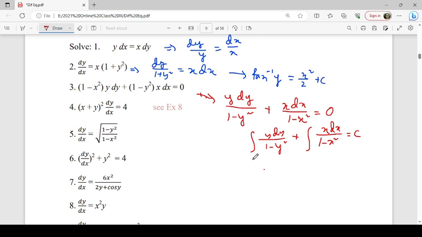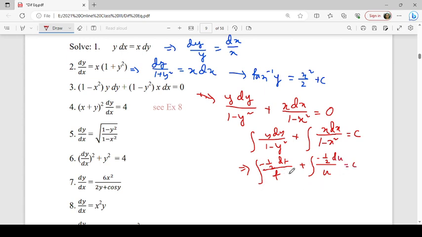Then what we will have is the method of substitution. 1 minus y square is equal to t, you can write, then this is 0 minus 2y dy, so it is minus half of dt, plus the integration, if we write 1 minus x square as u, this will be minus half of du equal to c.